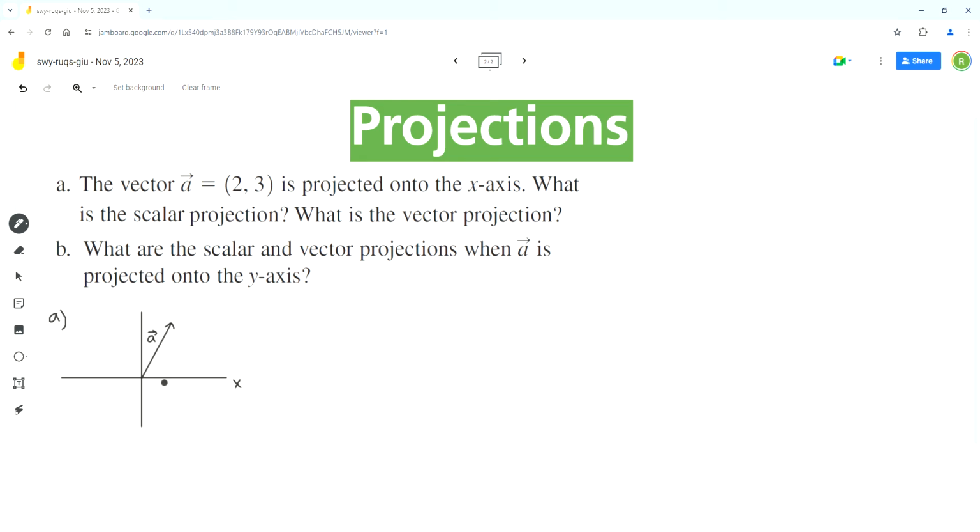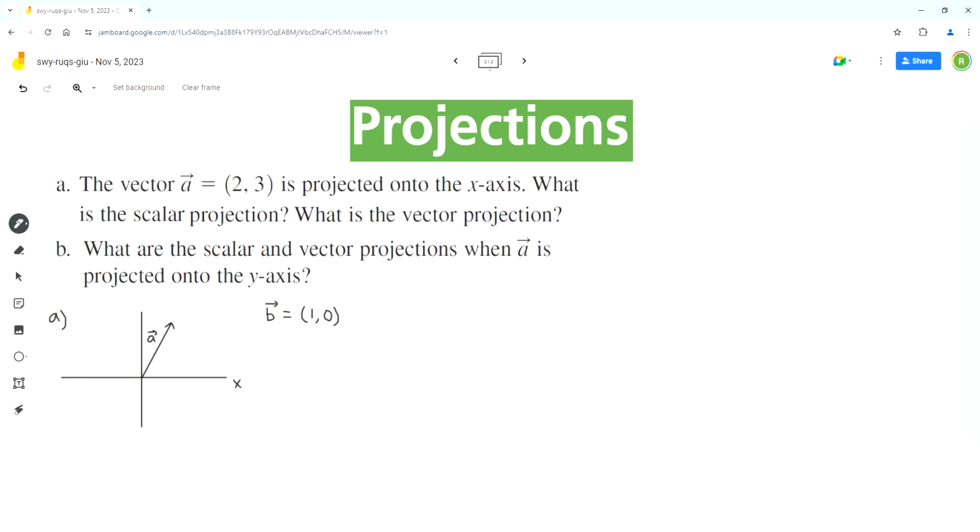So let's use the smallest or easiest possible value, 1, 0. So we can use vector B for the x-axis. So we have to find the projection of vector A on this vector B.